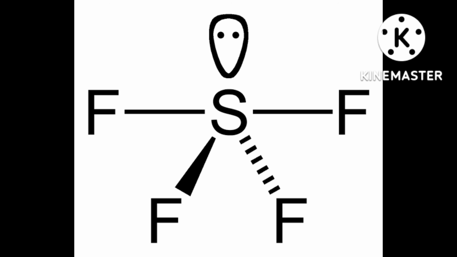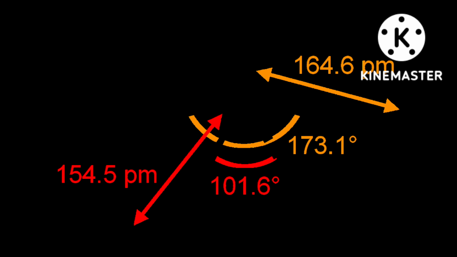Now one more example I am telling you. The AB3E2 molecular type means here two lone pairs are there. An example is ClF3.